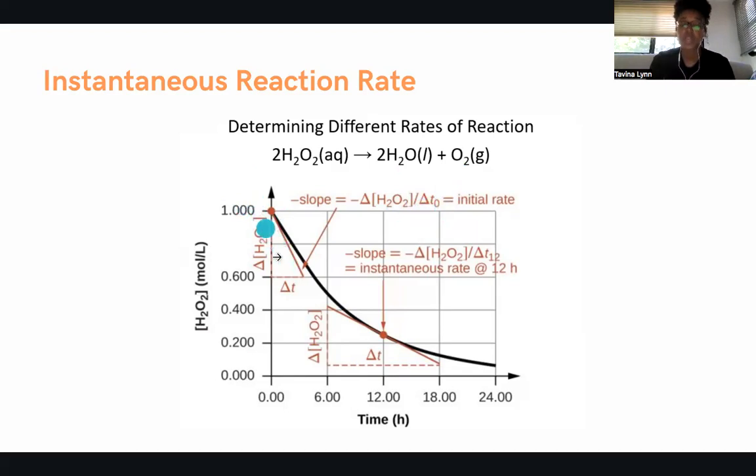So if we just measured or calculated using graphing, right, to determine what that negative slope or negative tangent line to the slope is, we would get the instantaneous rate. They're also showing the instantaneous rate at time 12 hours, right? We got the tangent line to the slope here at this time point that would give us the instantaneous reaction rate.